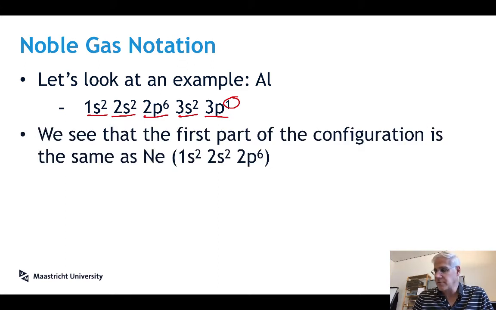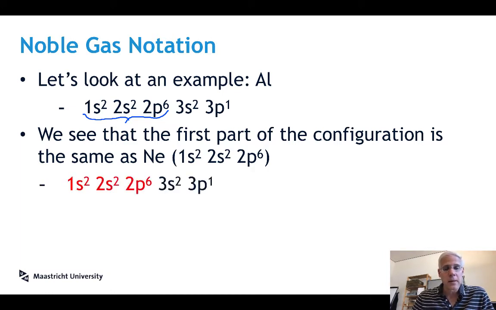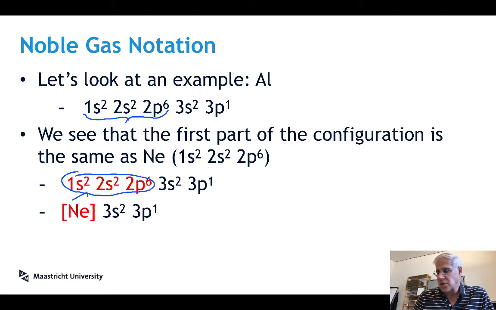Now we see that the first part of all that, 1s2, 2s2, 2p6, is the exact same as the electron configuration for the noble gas neon. So we see that those match there. What that allows us to do is take this part of the electron configuration and just say it's the same as neon with these things added on, 3s2, 3p1.